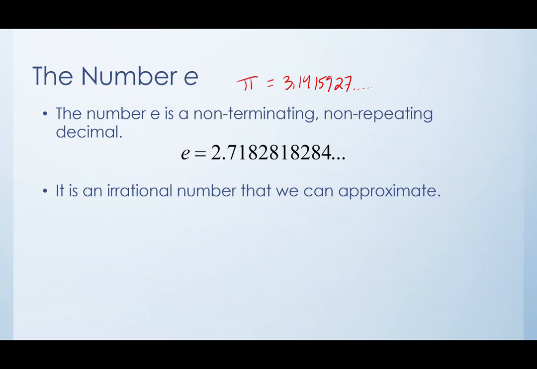And e is also an irrational number. You should know it's like 2.71 something, something, something, but we can approximate it. Your calculator will have an e button on it. In GeoGebra, if you just say e, it'll know that you're talking about e, the irrational number.